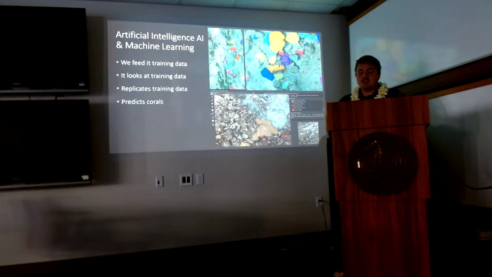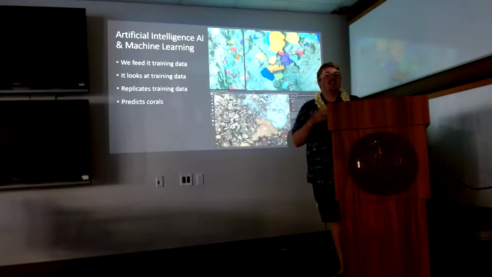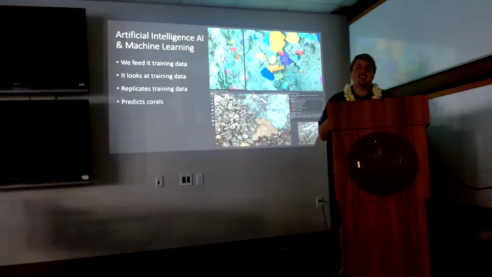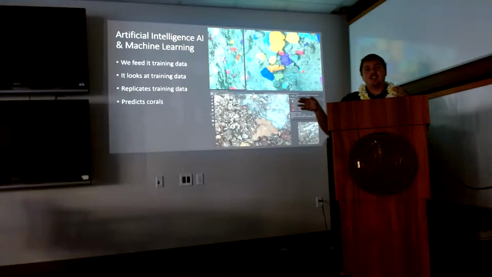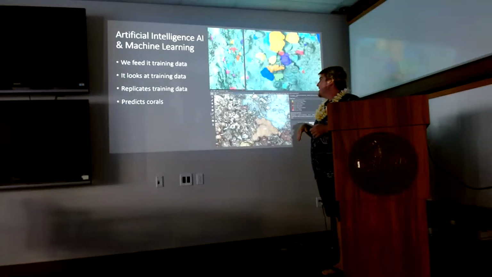The software looks at the training data we give it, replicates that training data, and tries to predict on that same training data set. Once it gets up to about a 95% confidence interval of where it thinks it's a coral, it predicts it as a coral, and then we tell it, good job, you did it, have a treat, keep going. It'll start predicting corals from there.